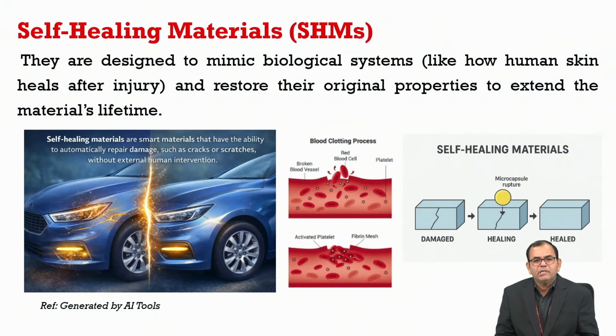Basically, as we know, skin is one of the best examples of a self-healing material. Whenever there is a cut or scar on our biological body, especially on the skin, it will heal automatically.